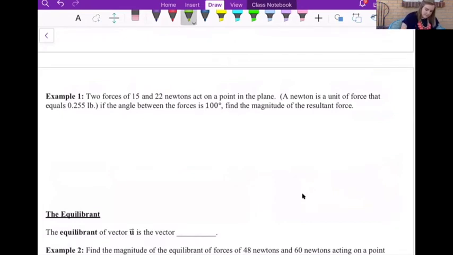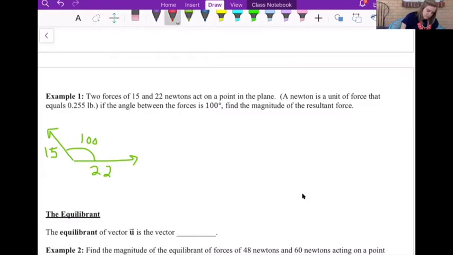We have a force of 22 and 15, and the angle in between them is 100. The picture doesn't have to be super exact, as long as you label that one side is 15, the other side is 22, and the angle in between them is 100.